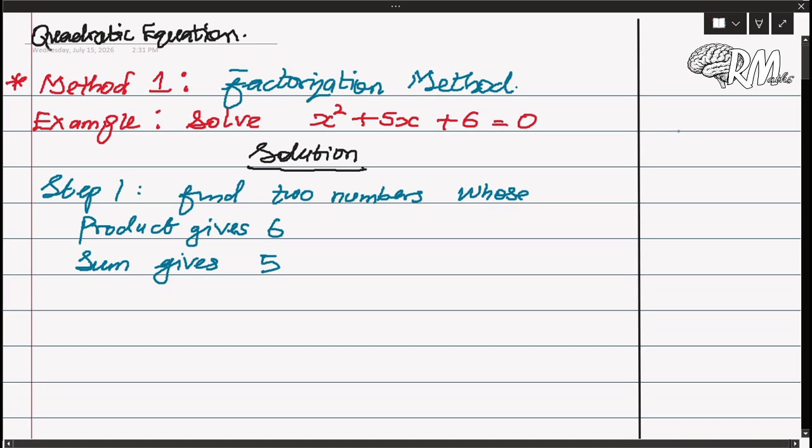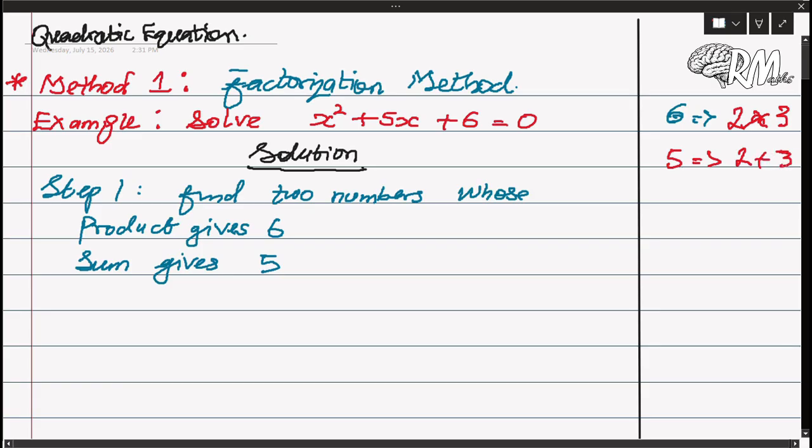Now think of 2 numbers. When we multiply these 2 numbers, it gives us 6. So we say 2 times 3, and also when we add the numbers, it gives us 5. That is 2 plus 3.